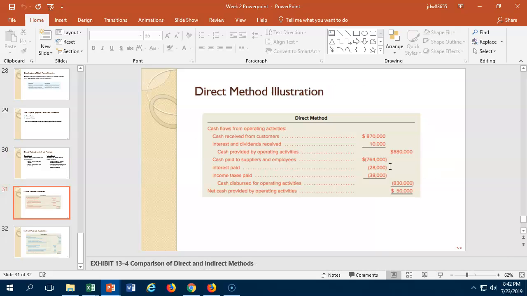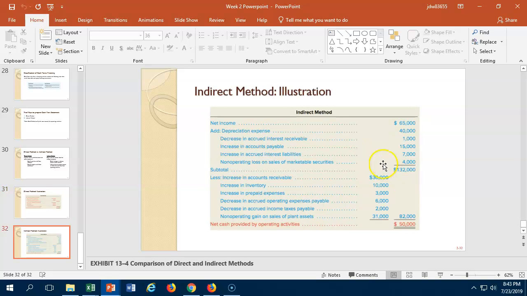What I would recommend doing is just meditate on an indirect cash flow. You're starting with net income, and you're either adding back or subtracting out non-cash items that were in the income statement to then calculate the ending cash balance. So, this is the indirect method.